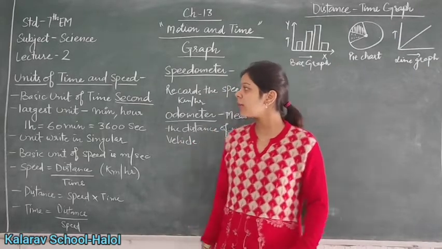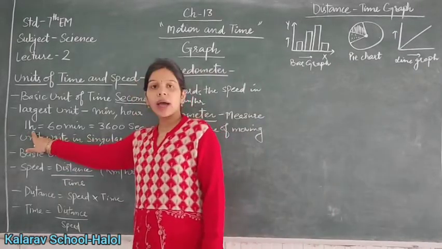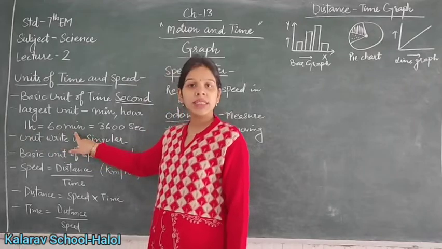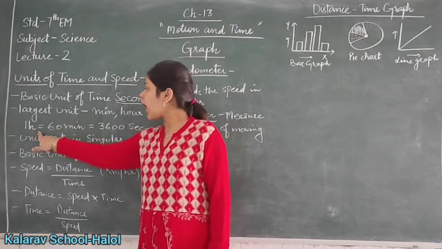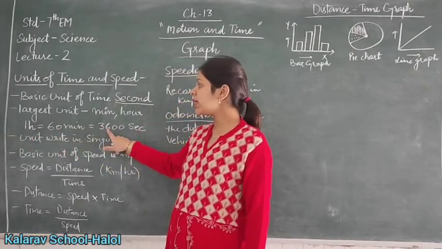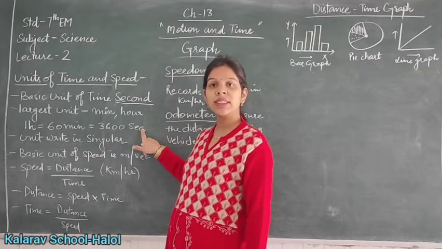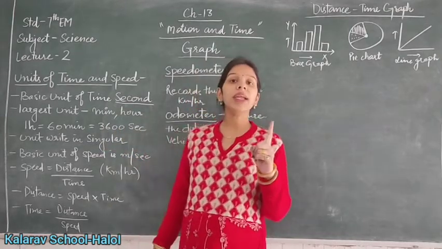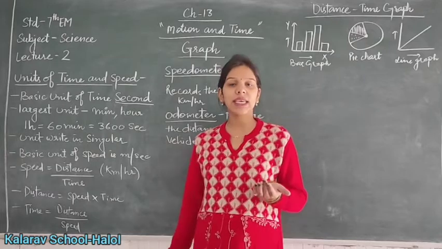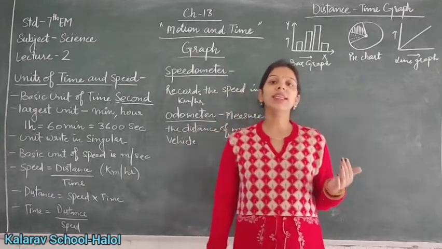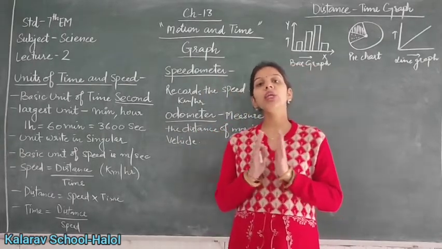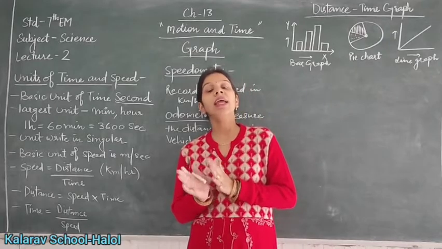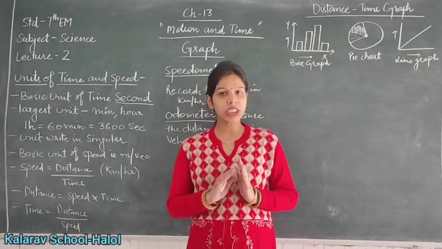For example, 1 hour equals 60 minutes. So 1 hour equals 3600 seconds. So 1 minute equals 60 seconds. So here we can say that the different units of time are interrelated to each other.